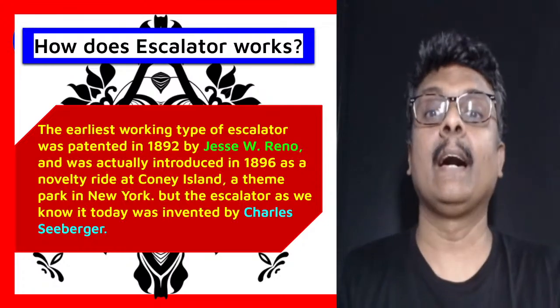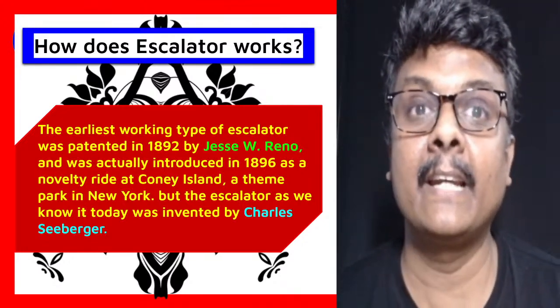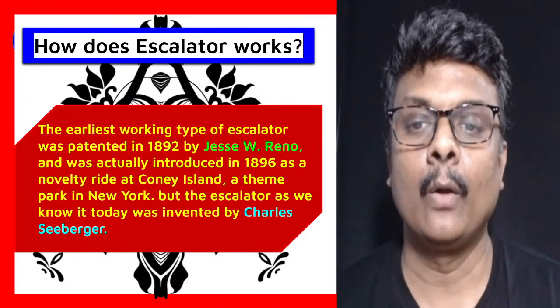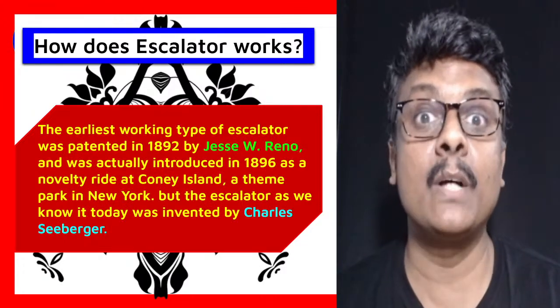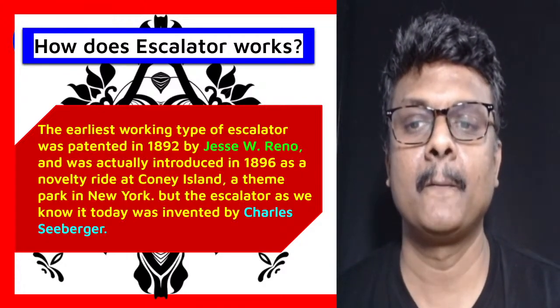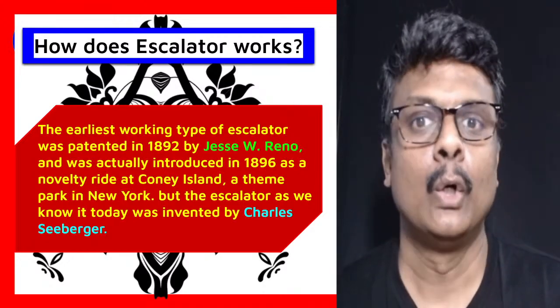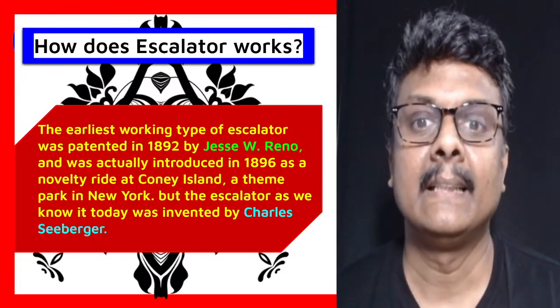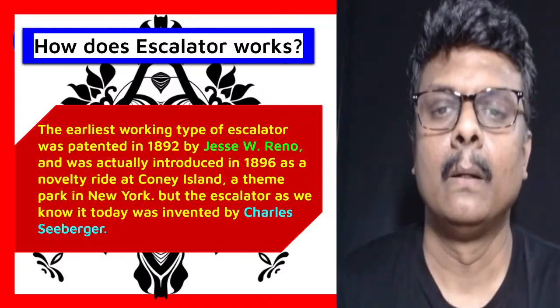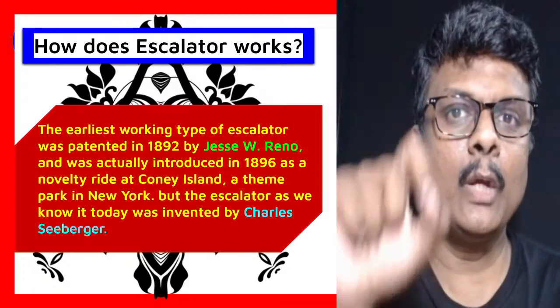So, the earliest working type of escalator was found by Jesse Reno in 1892. Remember, this was used in a theme park initially, which is in New York. Who patented it? Jesse Reno. So why is it mentioned like patented? Because he was not the only inventor.